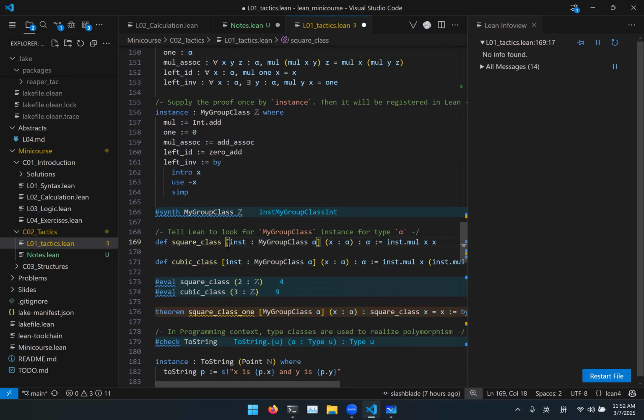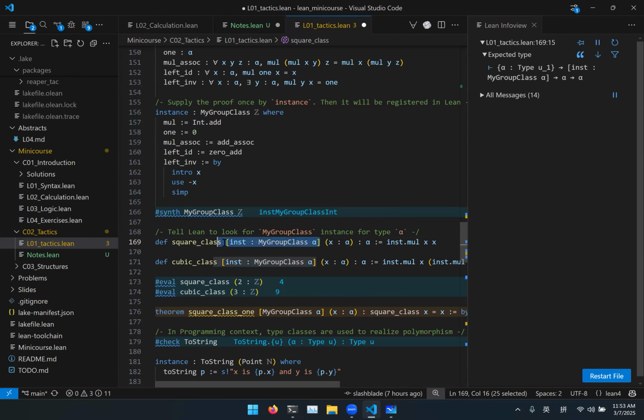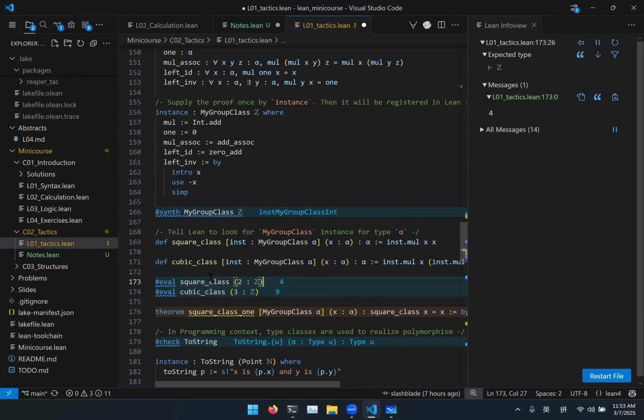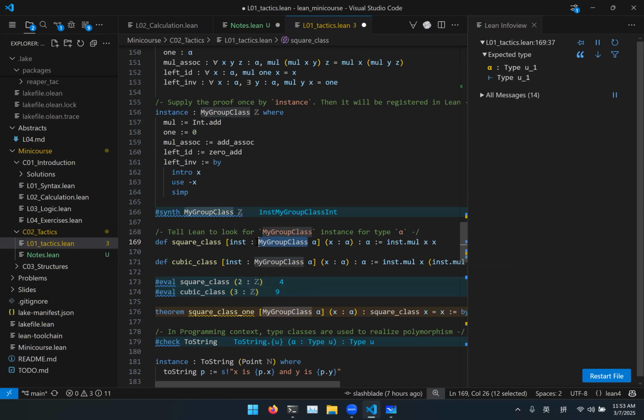So we can now redefine this square operation. I see that this will become an implicit instance. When we want to specify an instance or a type class, we use this square bracket. After we define this operation, Lean in the backend will know this Z is a group class.